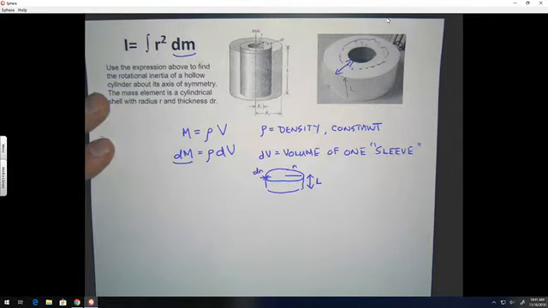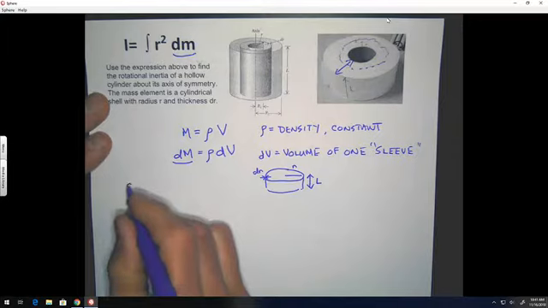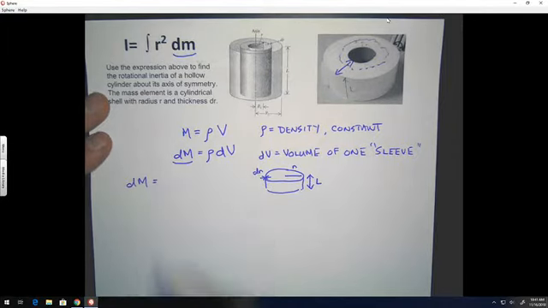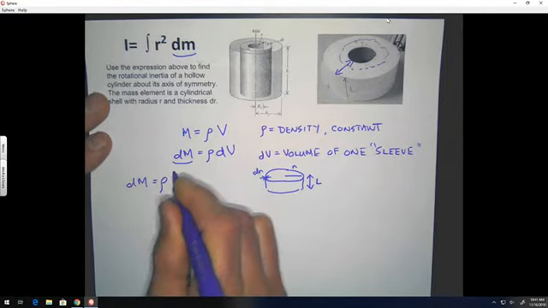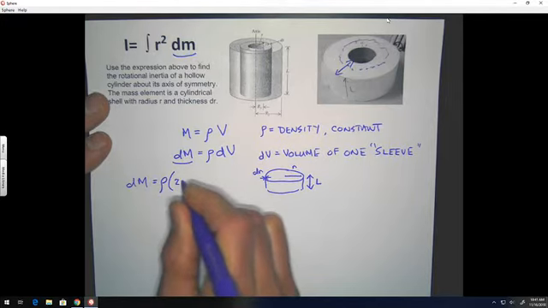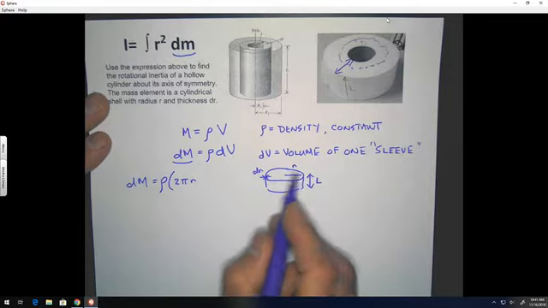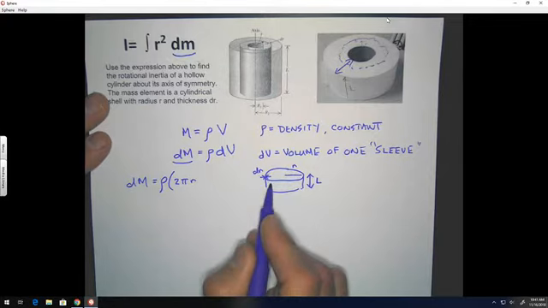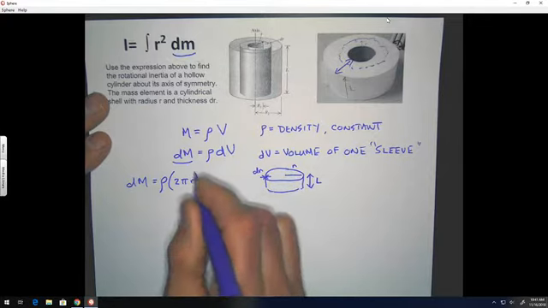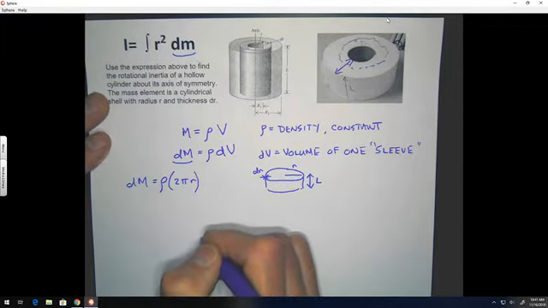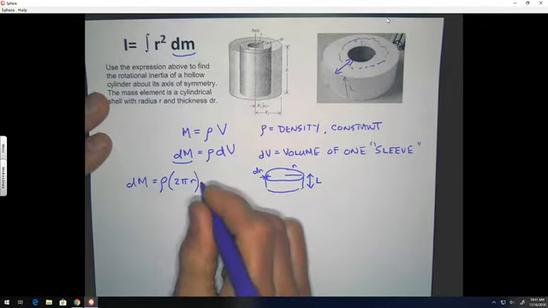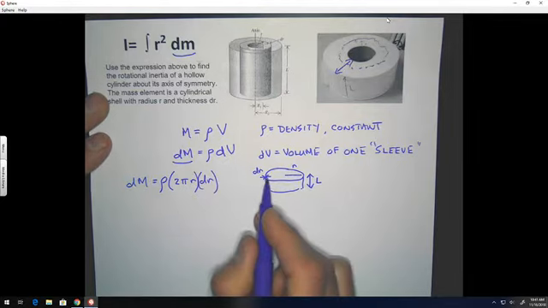Okay. And the answer to that, I'm just going to write this expression down. I'm going to say that dm is equal to rho times 2 pi r. That would be the circumference of the sleeve, 2 pi r, multiplied by dr, that's going to be the thickness.